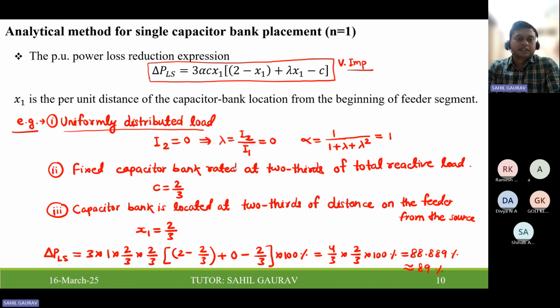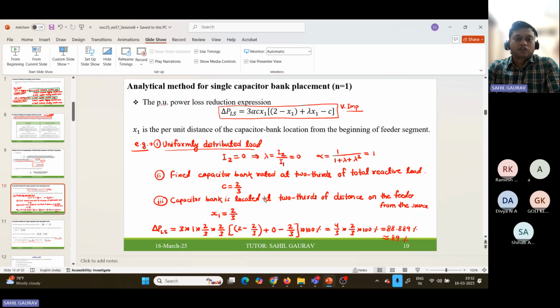If your degree of reactive compensation or the location of the capacitor bank is changed from these two values, what will be the effect on power loss reduction? Will it be more than 89% or less than 89%?